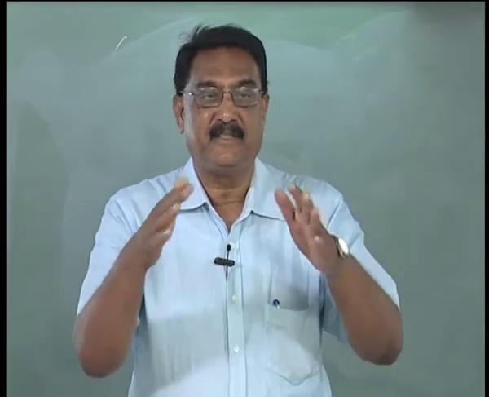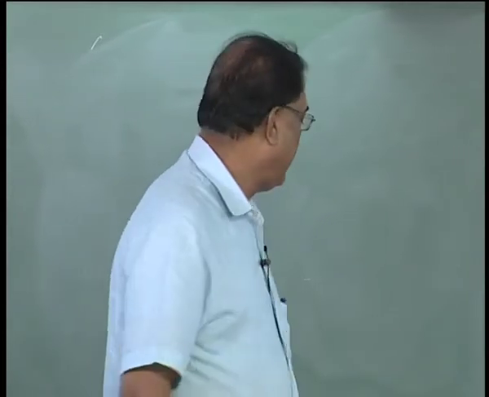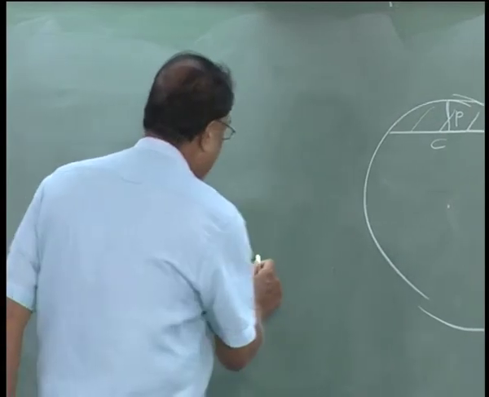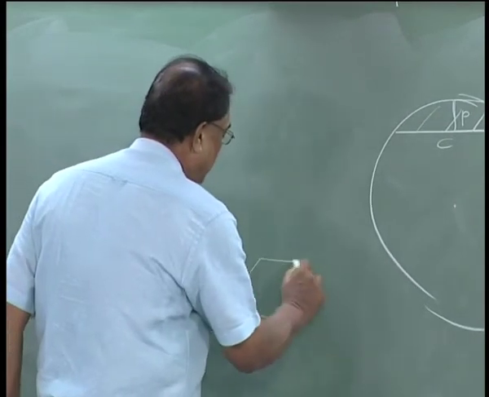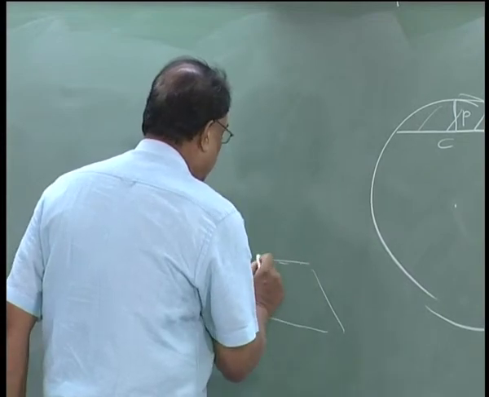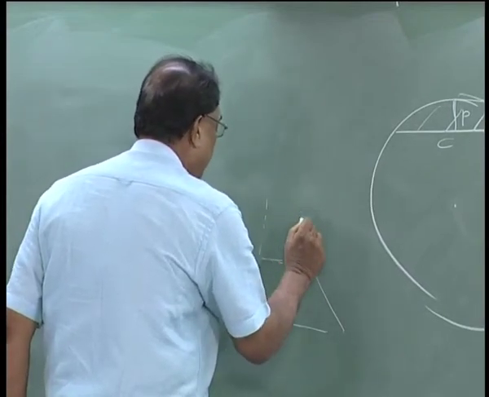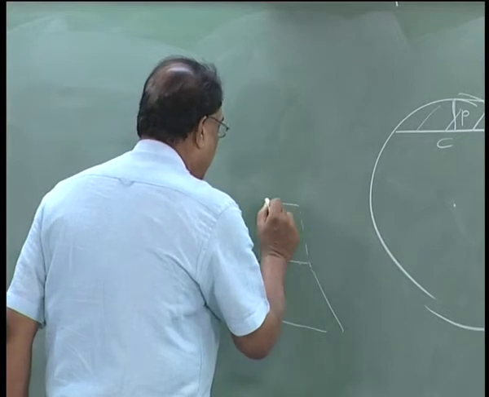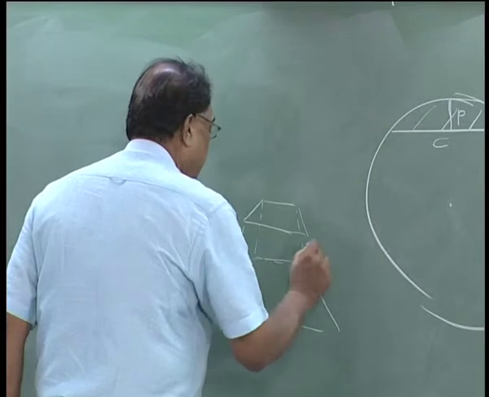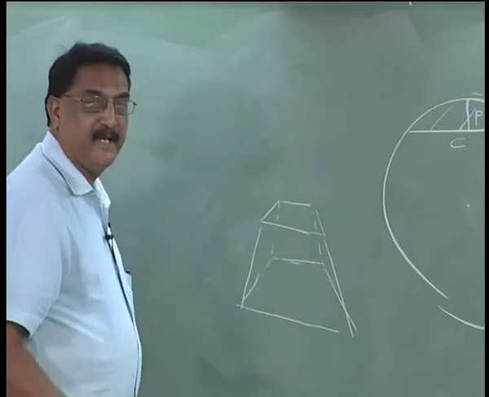So how do you get the frustum? This is a figure like this, isn't it? So tapering kind of a thing, isn't it? So this is a frustum kind of a thing.